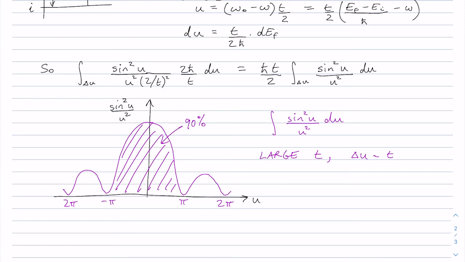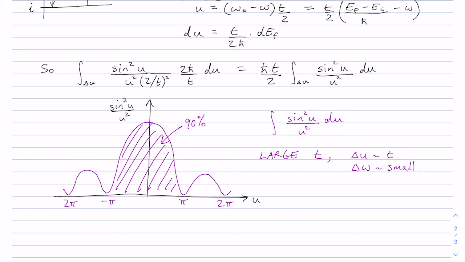And that means that the delta U is large, or another way of saying it is that we're making the delta omega actually quite small. So this distance here in between this first harmonic is going to get narrower and narrower and narrower as we run t for longer. So if t is large enough, this thing is going to get smaller and smaller and smaller. And so if this is small, then we can do this whole integral and we get 95% of it, or we can just do minus infinity to infinity, knowing that it converges for t large enough.